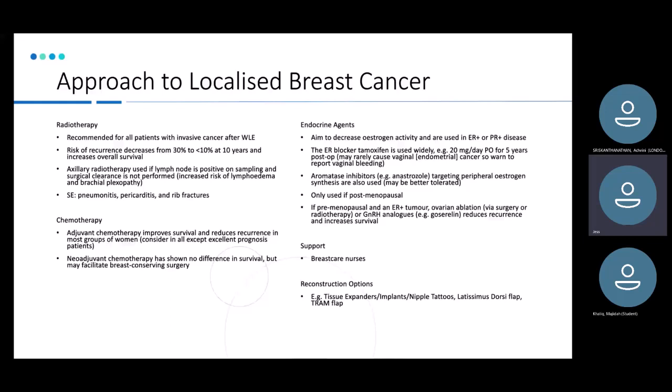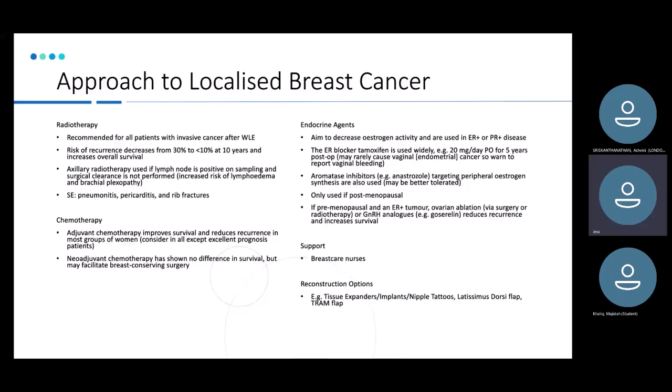For example, if someone has an implant put in where they've had a mastectomy and they have radiotherapy, the implant often shrinks. But often you then do a later reconstructive surgery once they've completed the radiotherapy, where you can improve the appearance of the breast if the patient wishes to have that.